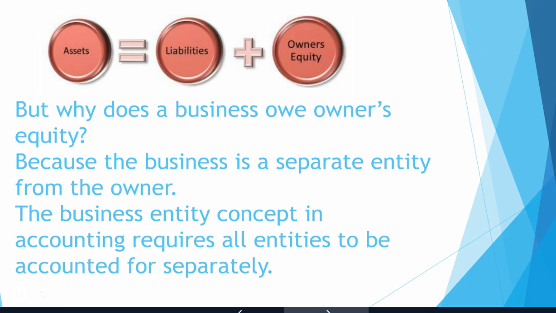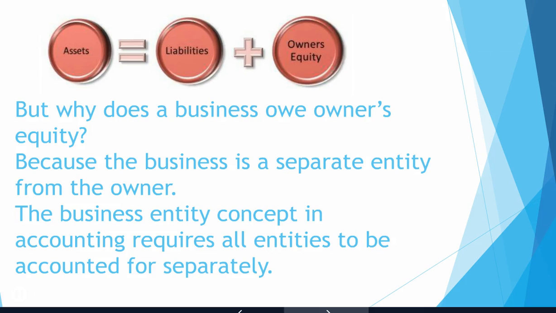In other words, businesses, related businesses, and the owners should be accounted for separately. That is why a business is a separate entity from the owner as far as accounting is concerned. Does that make sense?